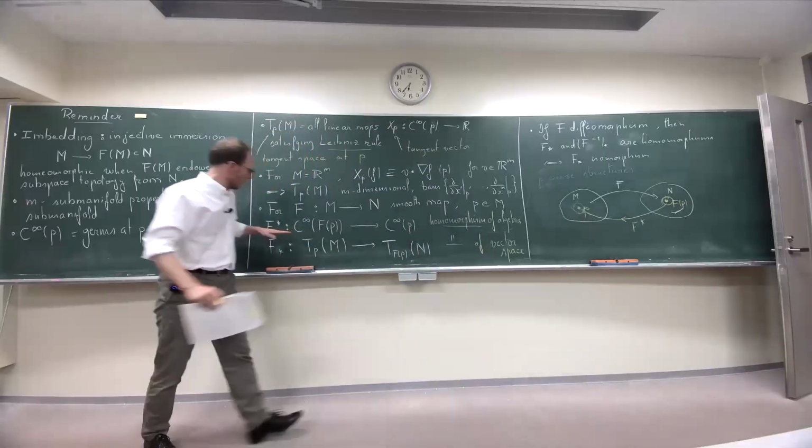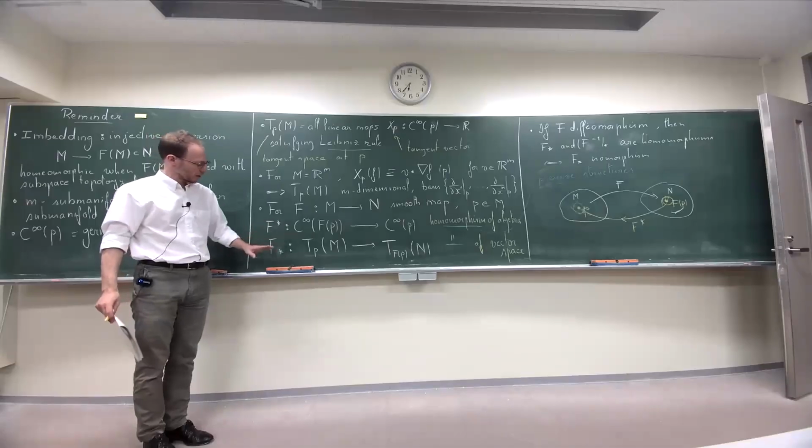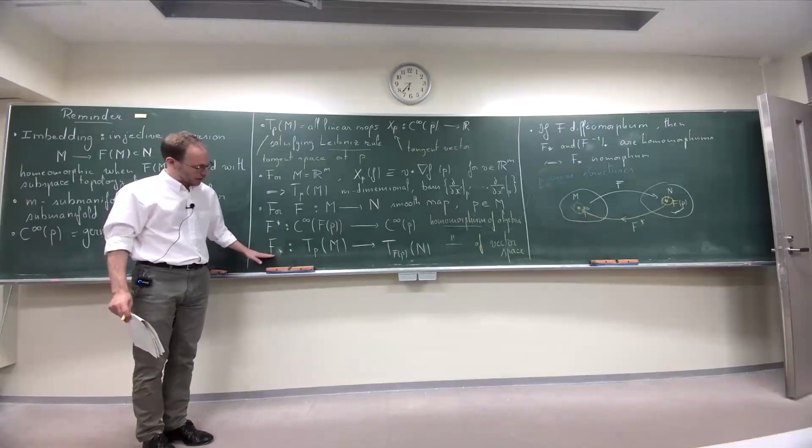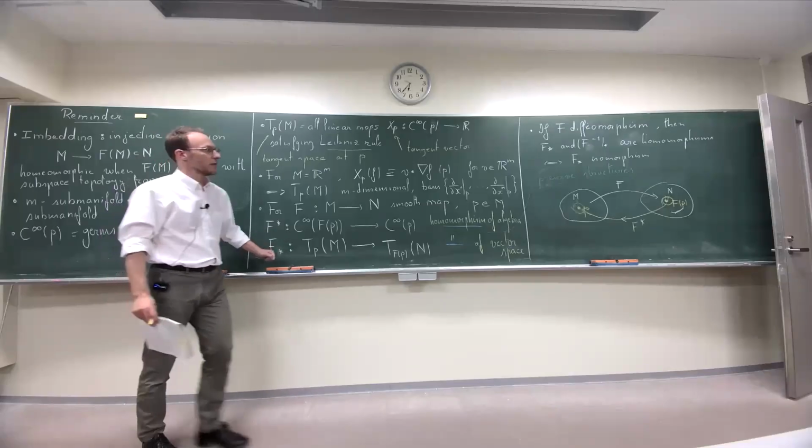So the first one, it's a homomorphism of algebra. So it preserves the multiplication. Also, this one is just a homomorphism of vector space. So it preserves the structure of vector space. Think about it.